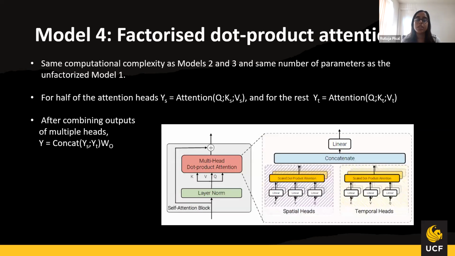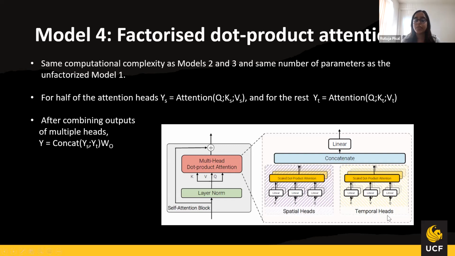The final model that the authors proposed is the Factorized Dot Product attention model, which is basically the best of all worlds model. This model has the same computational complexity as models 2 and 3, while it retains the same number of parameters as the unfactorized model 1. This model is a bit complex in the sense that first we get all the attention heads and divide them into two parts.